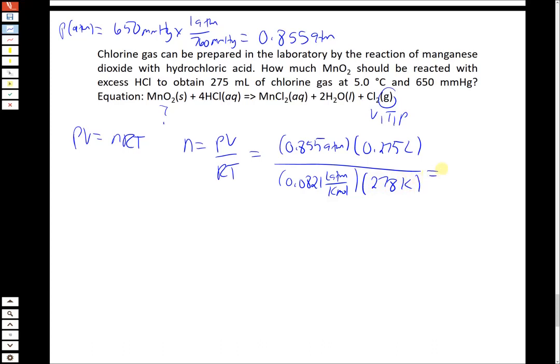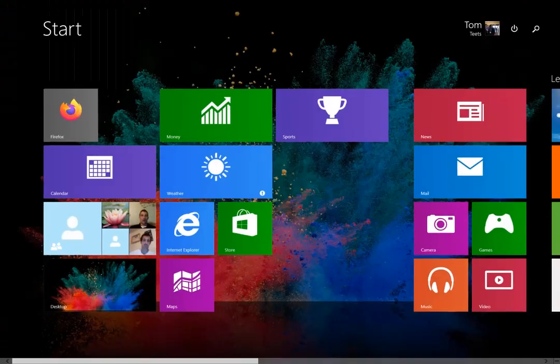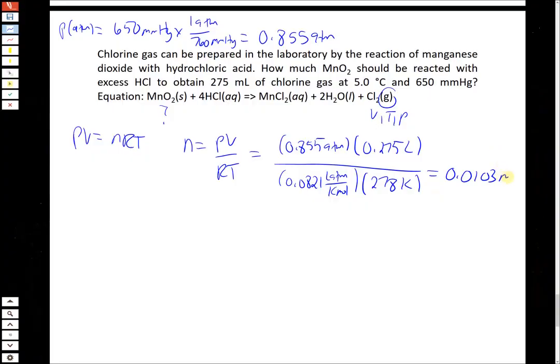So with the gaseous product Cl2, we can use PV equals nRT to figure out how many moles of that product formed. And what I got was 0.0103 moles of that gas formed.